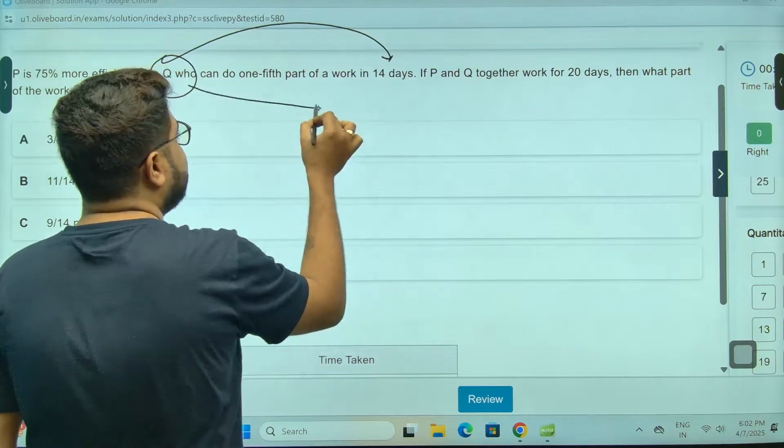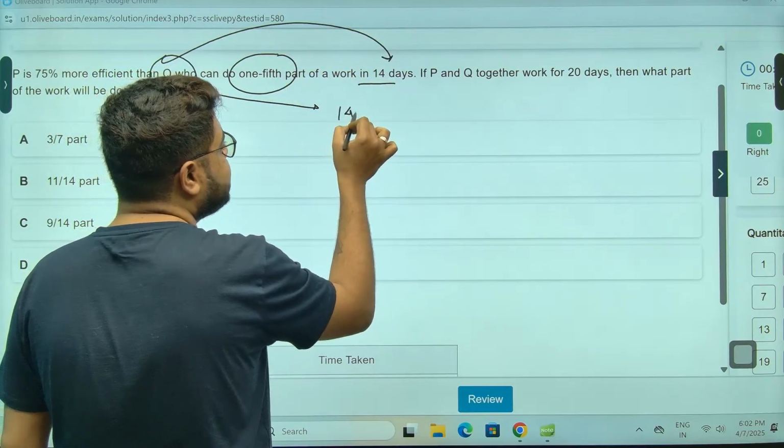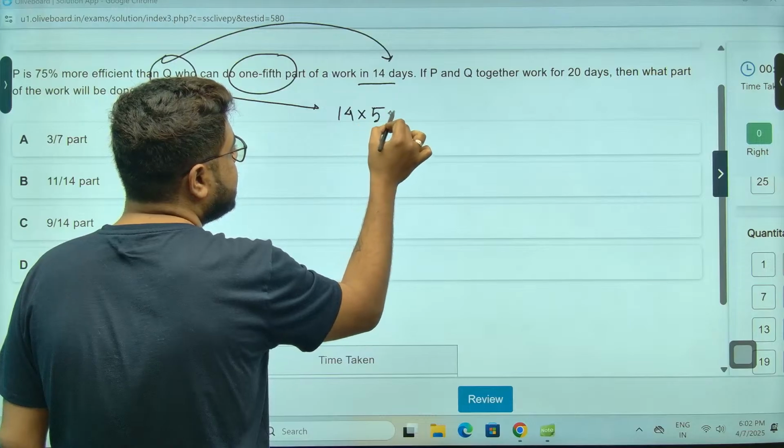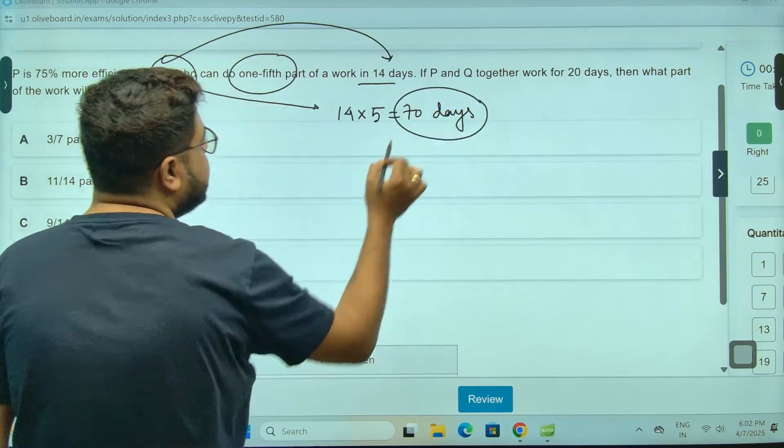So Q does 1/5 in 14 days, so one whole work takes 14 times 5, that is 70 days. So Q takes 70 days to complete the work.